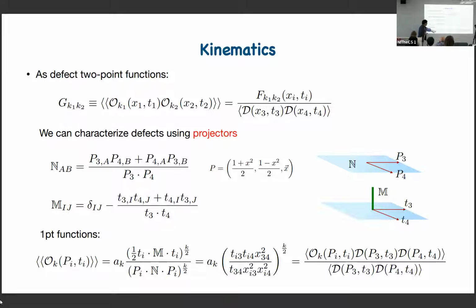You can write it out using these definitions, and it takes this form. Then you quickly realize it's nothing but the ratio of the 3-point function ODD divided by the DD 2-point function. And this agrees with the prescription here to define the defect correlator.